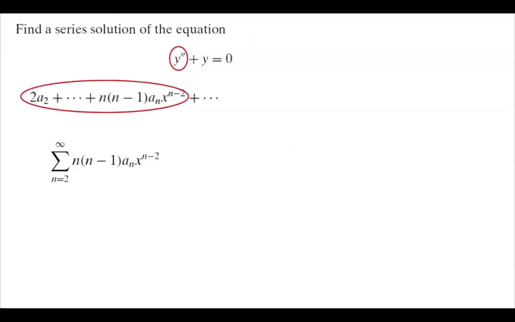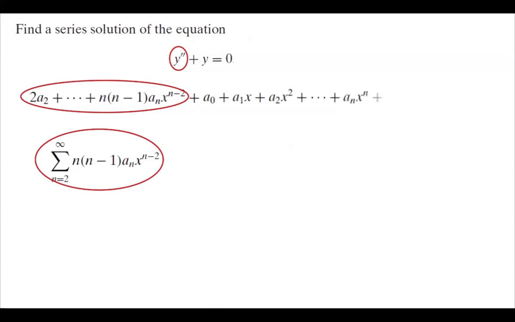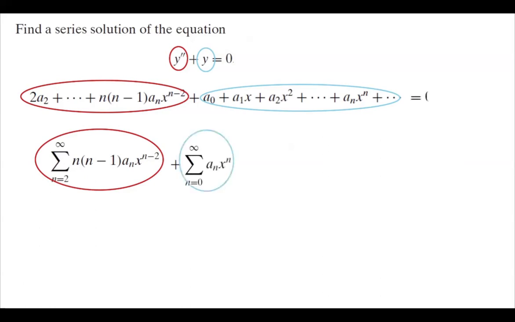This is just the second derivative of y as the power series, plus y, which is a sub 0 plus a sub 1 x plus a sub 2 x squared plus the rest of the terms, a_n x to the n. We are just substituting a power series for y, or in compact form, the summation of a_n x to the n. And on the right-hand side, we set them equal to 0.